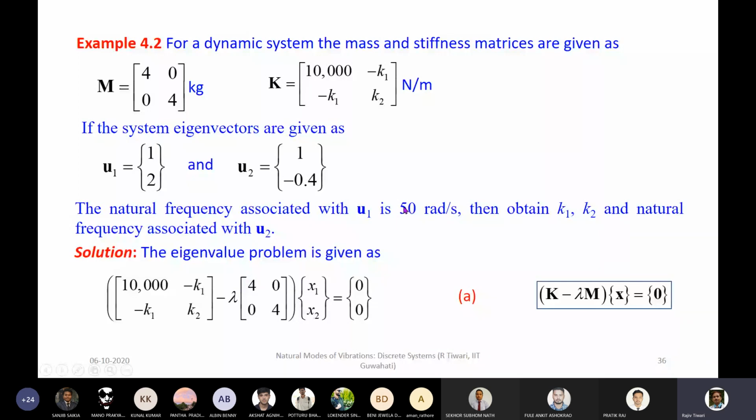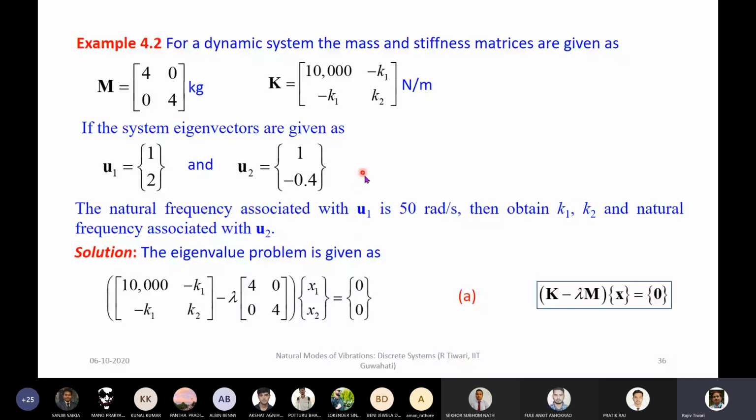So we need to obtain these stiffnesses to satisfy that the first natural frequency should be 50 radians per second, the corresponding mode shape is this, and the second mode shape we need like this.